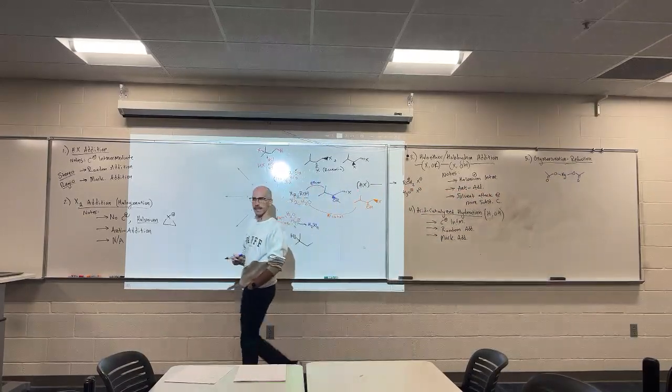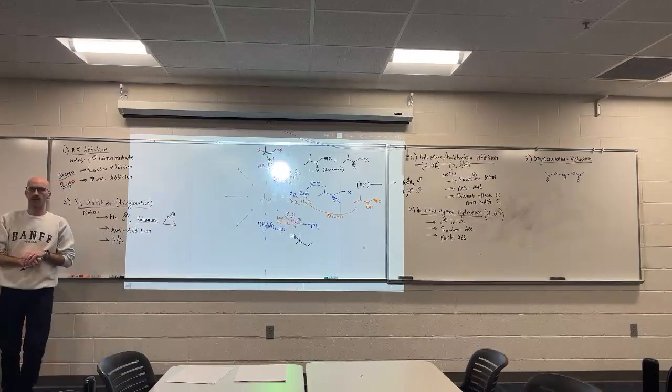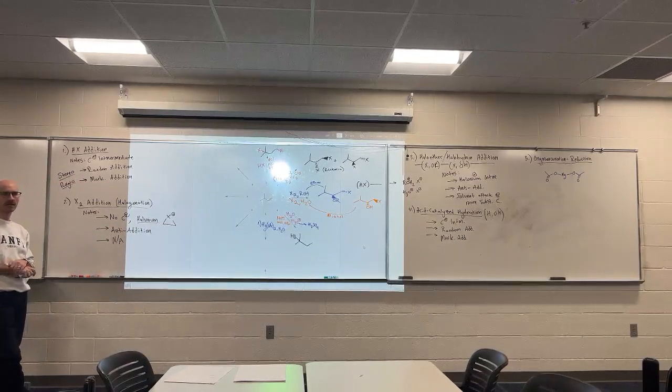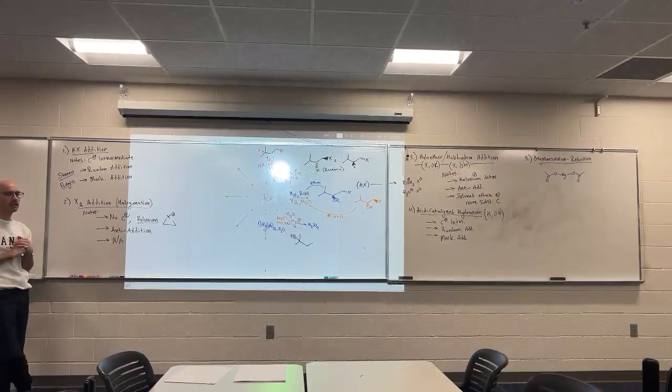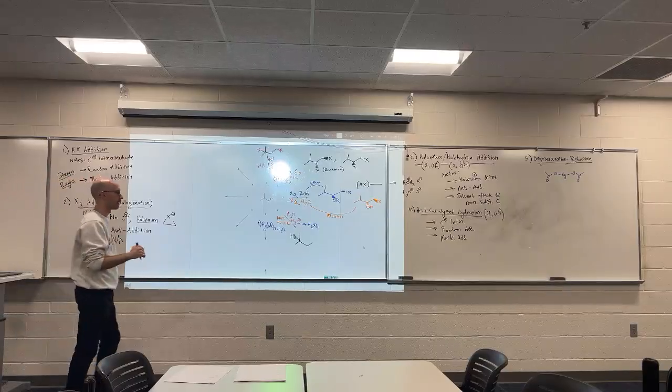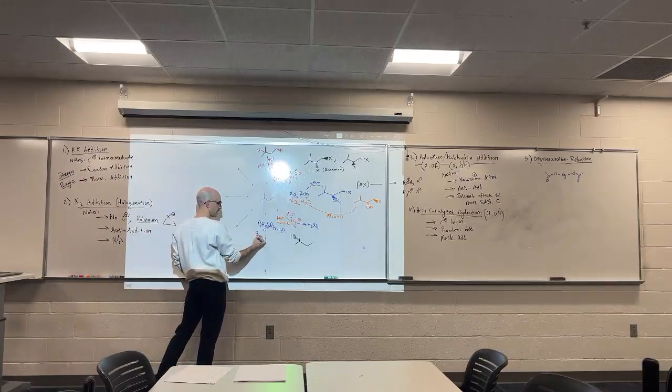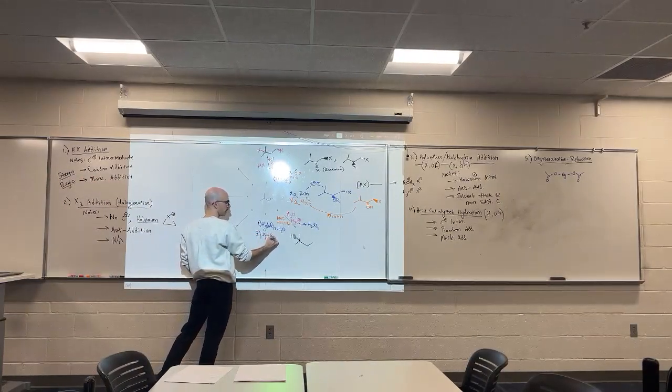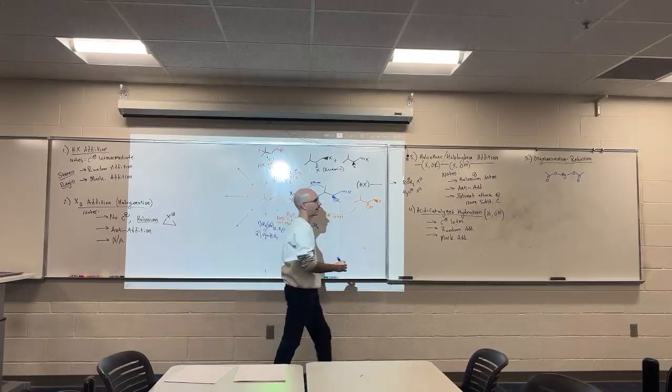Looks a little bit like that. Mercury takes on a 2+ charge, and it coordinates with those acetate ions. In water, this is an aqueous solution. Second, we add a reagent called sodium borohydride.